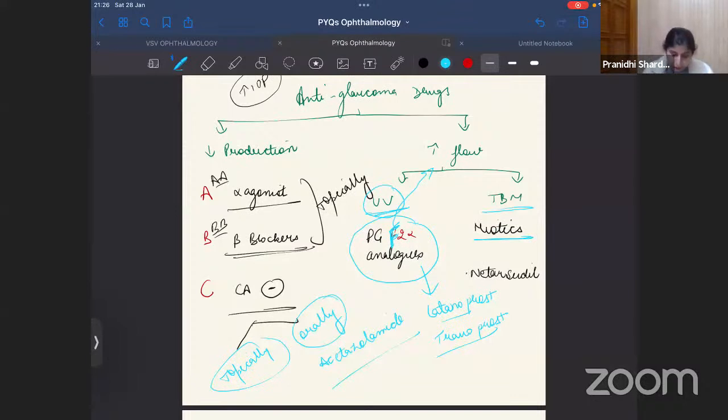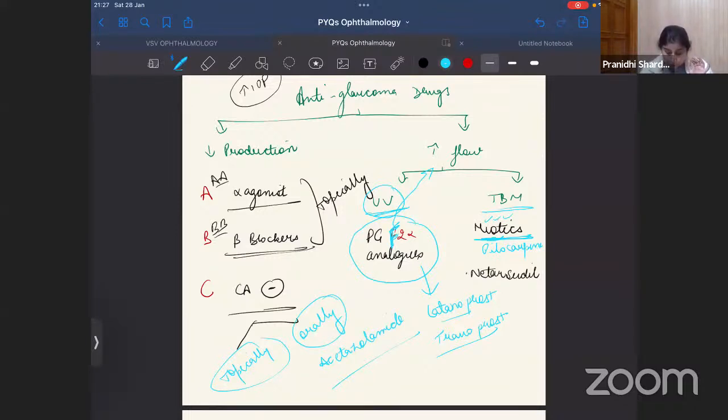You can remember this: in miotics there is increased outflow by TBM, the trabecular meshwork. So miotics, IOT: increase of outflow by TBM. And miotics are pilocarpine and carbachol. These are the examples of miotics.